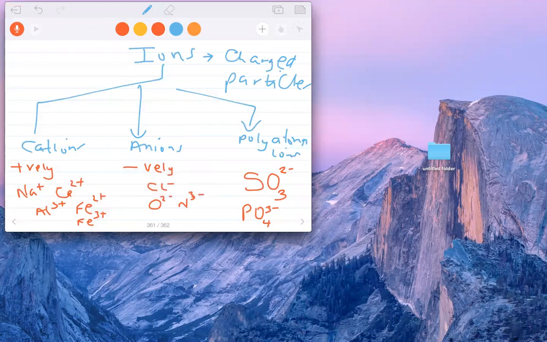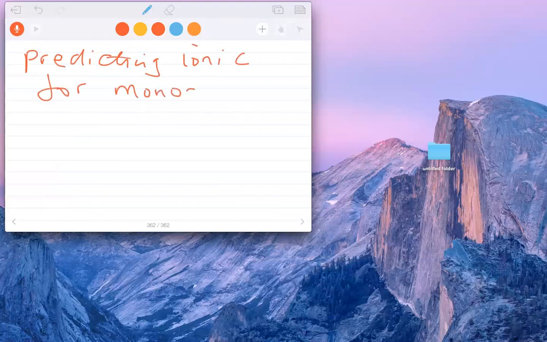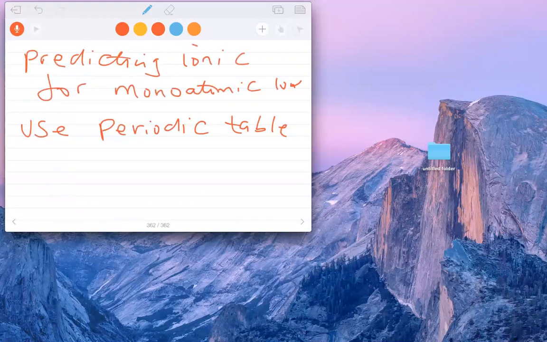Predicting the ionic charge for cations and anions of main group elements, that is, predicting ionic charge for monatomic ions, use the periodic table. The periodic table helps you to predict the ionic charge for main group elements.